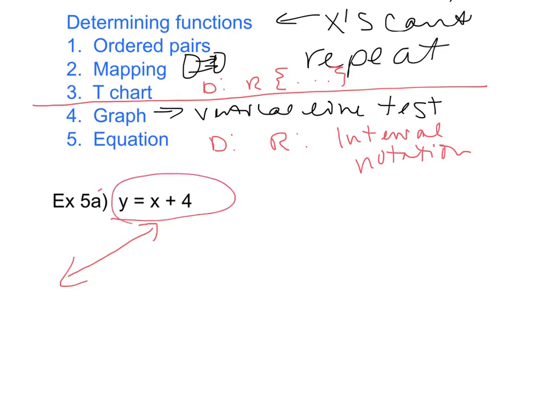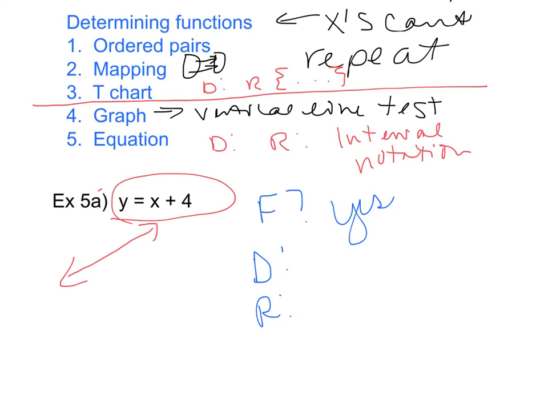And check out the actual equation. Your x value will always have 4 added to it. So whatever you put in for x, there's no way that it can repeat. You're always going to have 4 added to it, and that's going to equal your y. So we want to make the determination of, is this a function? Yes, it is. And then we want to find the domain and the range.